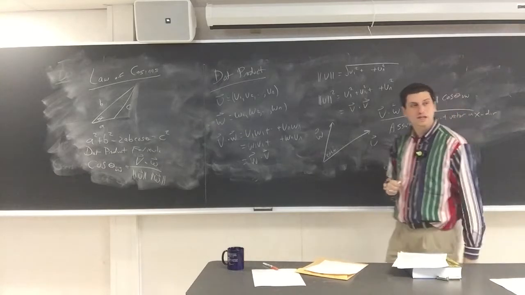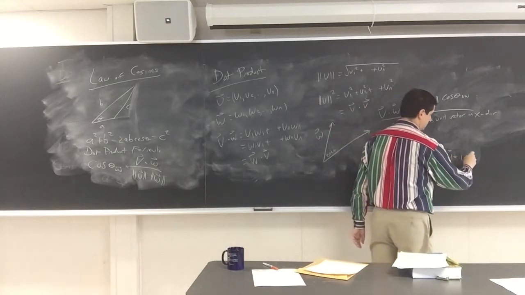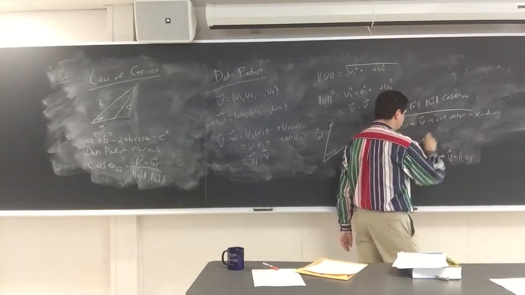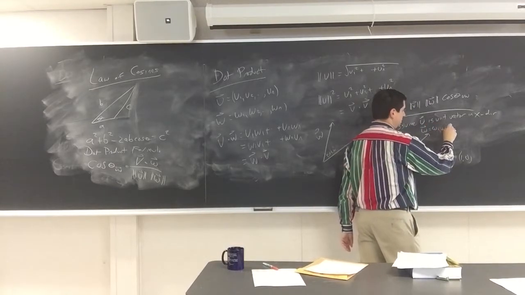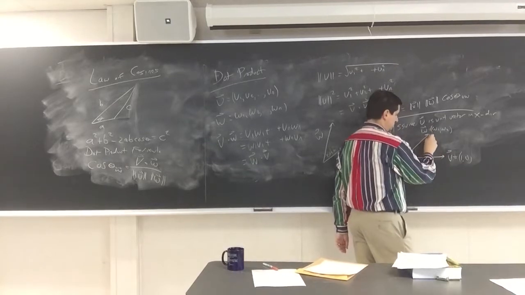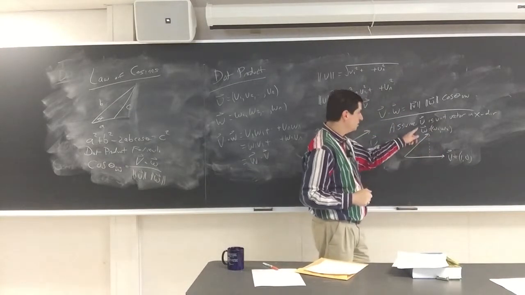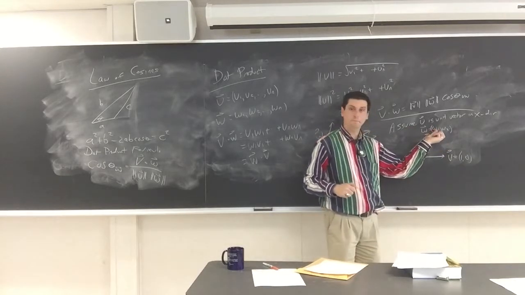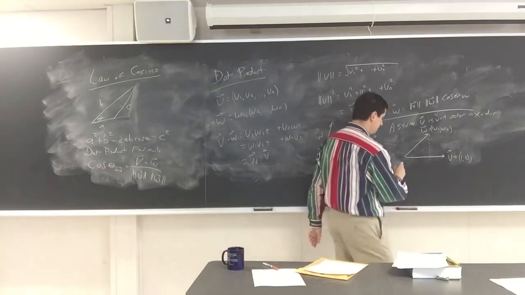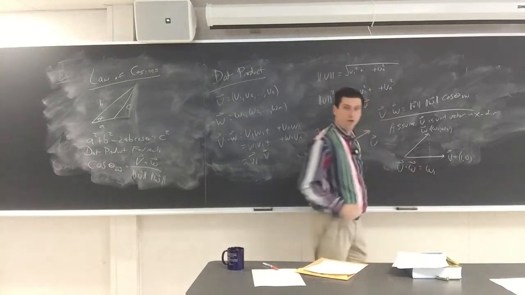And so for now, let's just assume we're in two-dimensional space. And then here is my vector w, which will be w1, w2. The dot product is just going to be w1. So in this special case, v dot w is just w1.